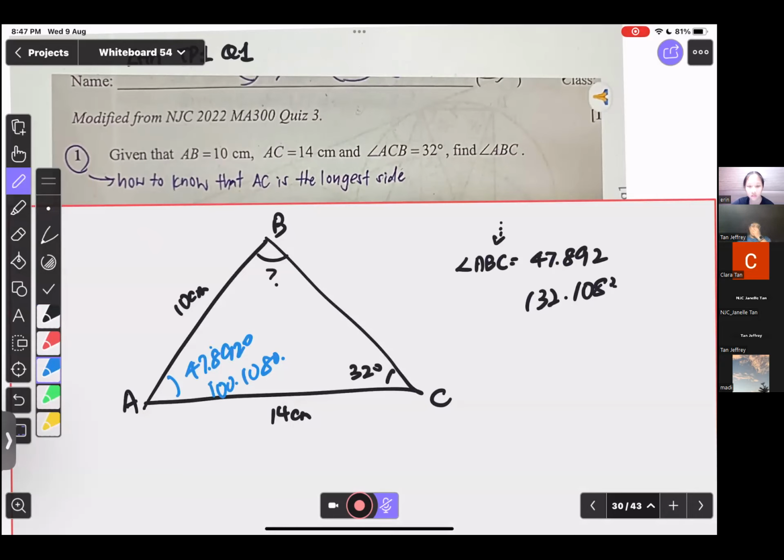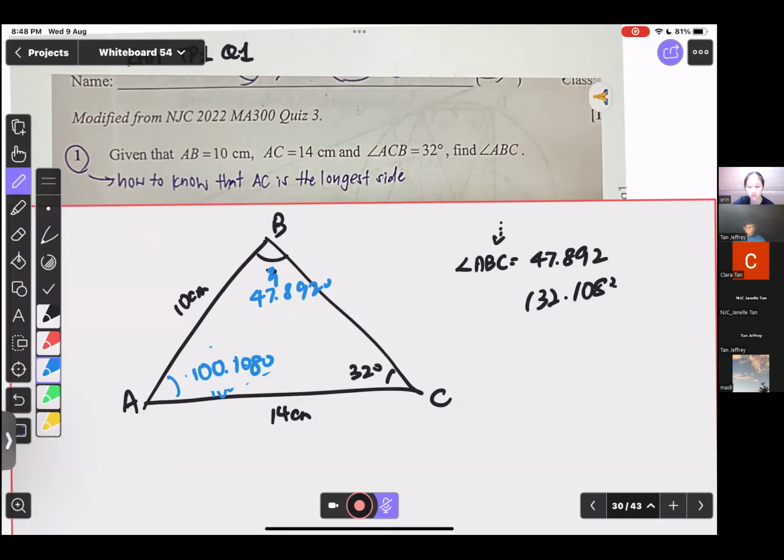Okay, I know why. This one I think needs a back test. It's not easy. Imagine if this is 100 point something, right? If this is 100.108, that means this angle is going to be 180 minus 32 minus 100.108. That means this angle is going to be 47.892.